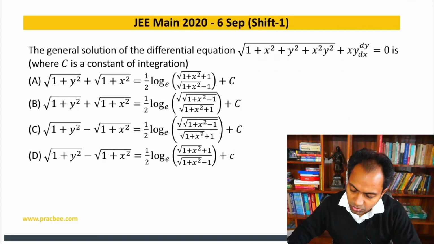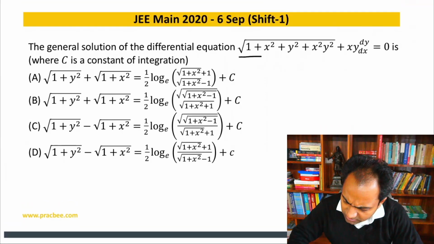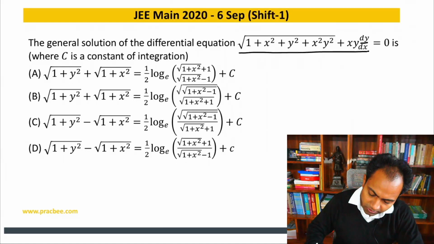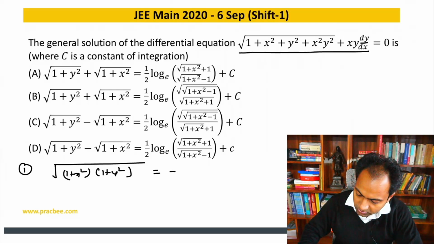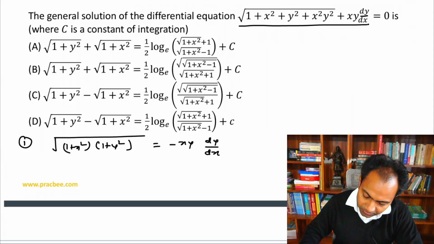If I look into this 2020 question, it feels like the terms are mixed up, but they can be separated if you do a very small thing here. What we can do is factorize the first part as nothing but root of 1 plus x square into 1 plus y square. The rest of the terms I can take on the other side. And now you can see that the variables are getting separated.